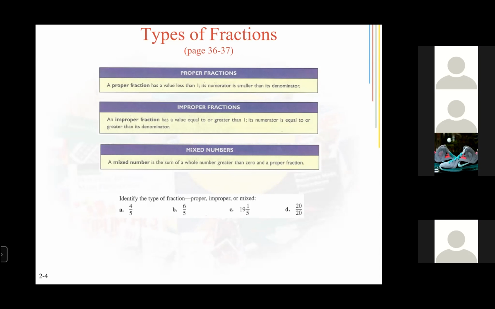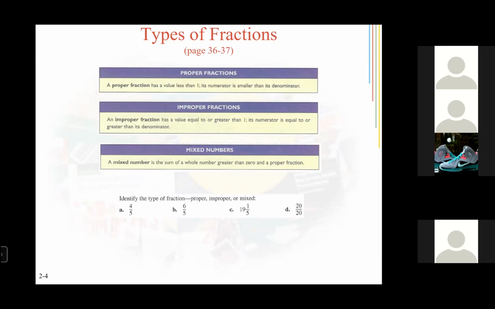Okay. Now, if you look at those definitions, the proper fraction has a value of less than 1. Its numerator is smaller than its denominator. An improper fraction has a value equal to or greater than 1. Its numerator is equal to or greater than its denominator. And of course, a mixed number is a sum of a whole number greater than 0 and a proper fraction.